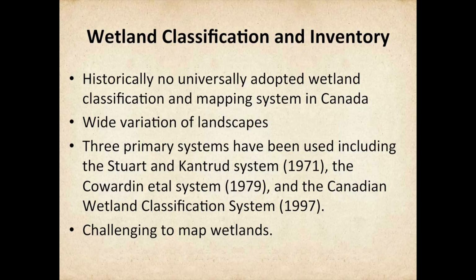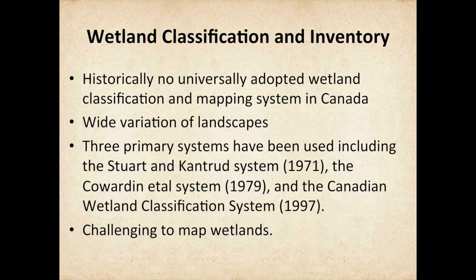We've got everything from marine environments, wetland environments to montane, the Boreal Plain, Boreal Shield, the Cordilleran, all the way over to eastern Canada. So it really has been a challenge for our country to have a wetland mapping system.